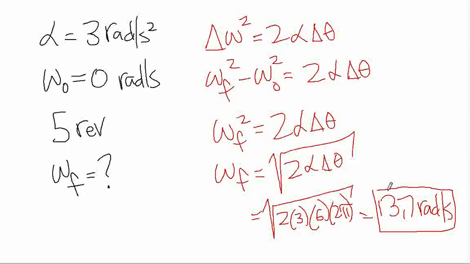Now let me shift gears and talk about something else. Now, using omega and alpha, you can describe the motion of an object in a circle. That's not the only way to describe the motion of an object in a circle.